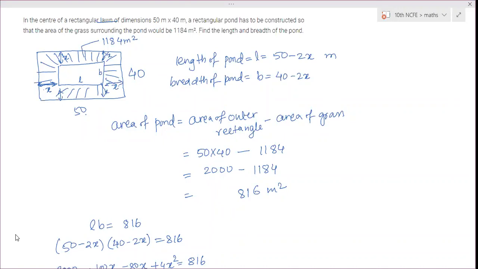Check once again. 5 and 12 is the answer. I told you it is a solved question of NCERT and which is asked many times. Okay, ma'am, got it.